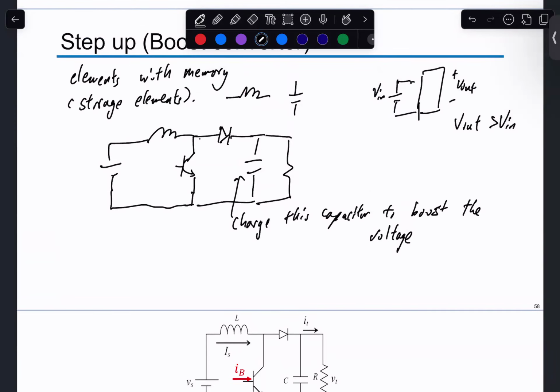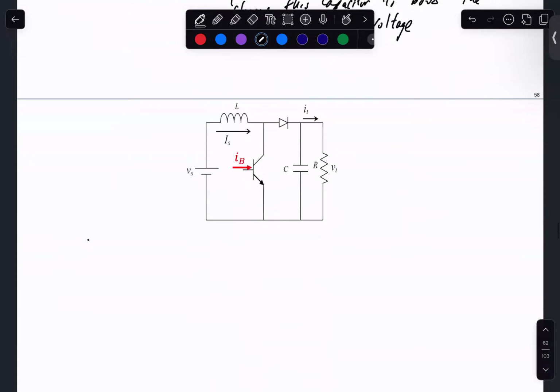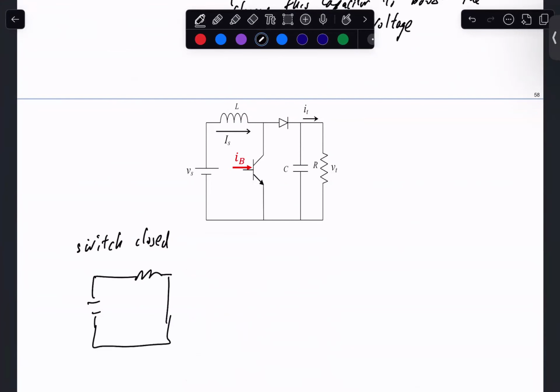When the switch is open, we're charging the capacitor. The way to see this is that if the switch is closed, then the output circuit is actually not there because I create a short circuit through this. So all I have is this inductor. Again, I have some charging action on this inductor.